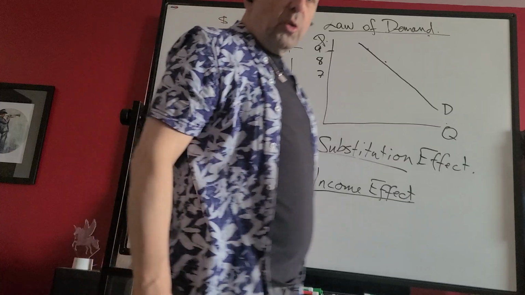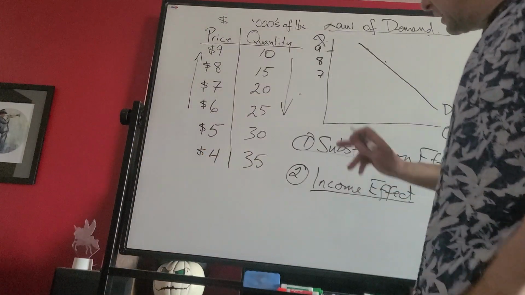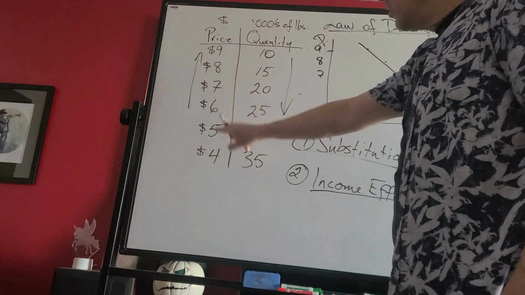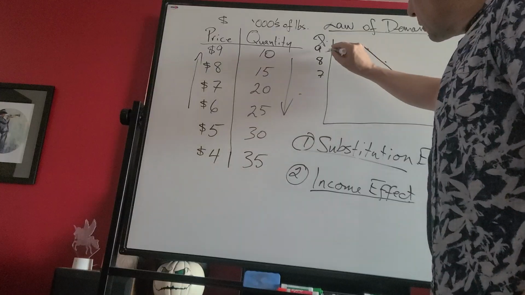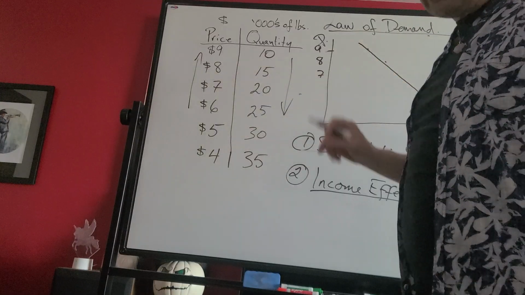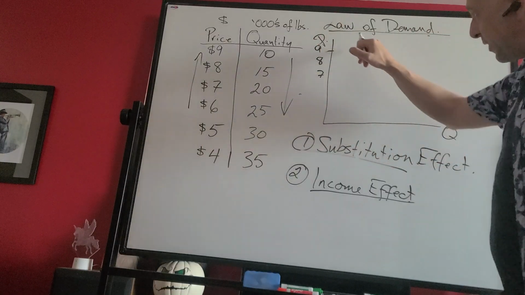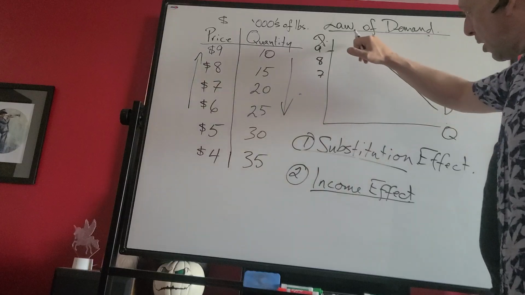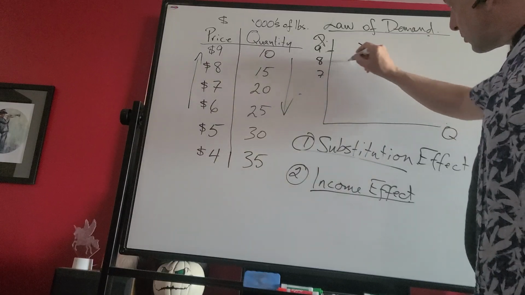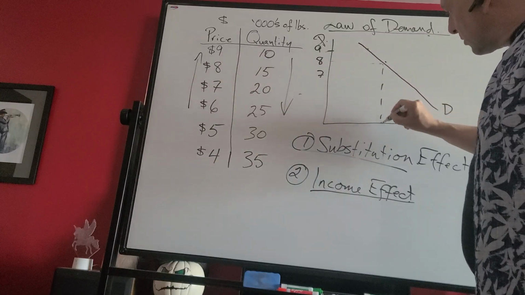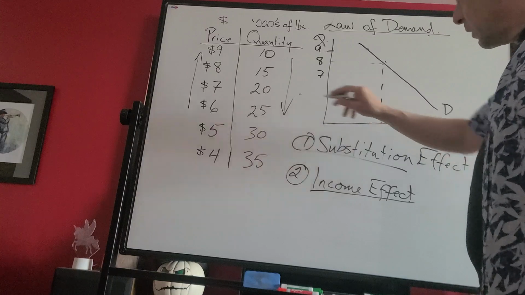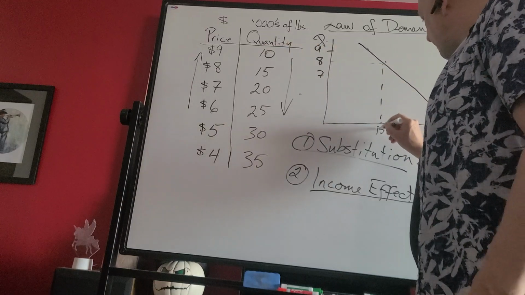So whenever you see a problem that indicates that the price has moved, the price moving just by itself, we will move along this demand curve, right? So at $8 we will have 15 demanded.